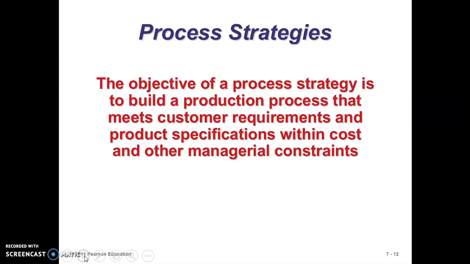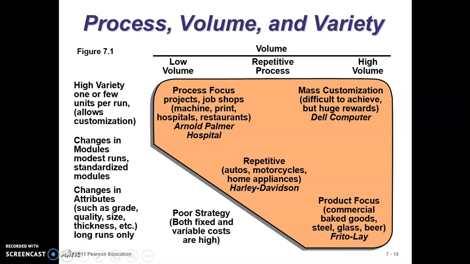Managerial constraints can be the technologies used, the skilled workers, the number of workers. In process we have these four: process focus, repetitive focus, mass customization, and product focus. We will touch on this later on.